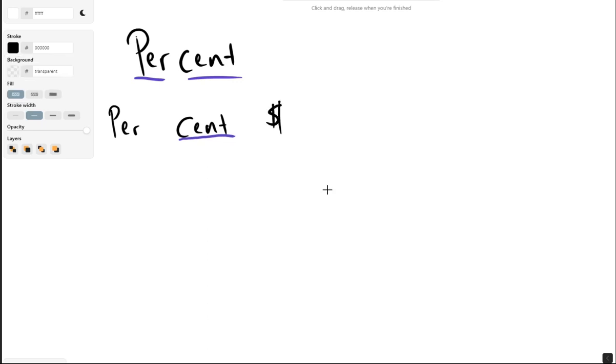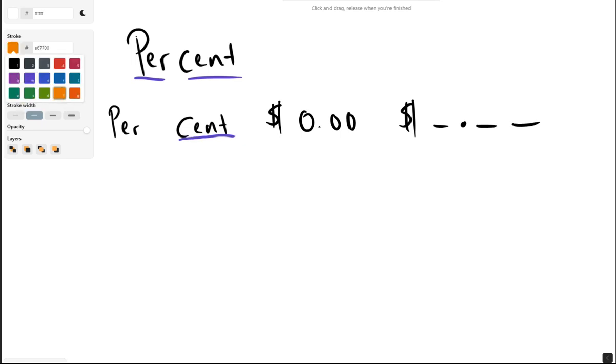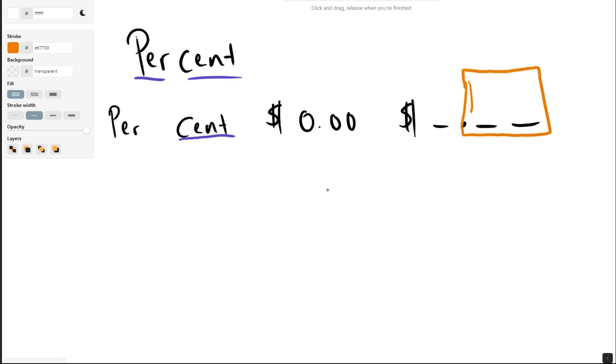That's right, as in like 0.00, as in like money. Point blank blank. I really want you focusing on this sort of box right here, the cents part. If you focus on that, converting will be easy.